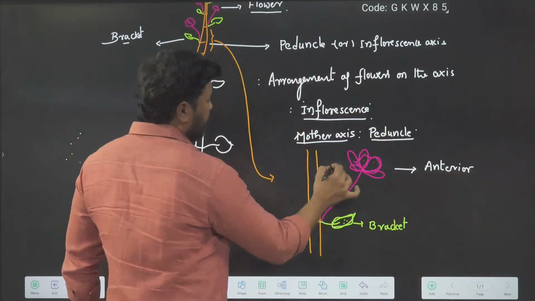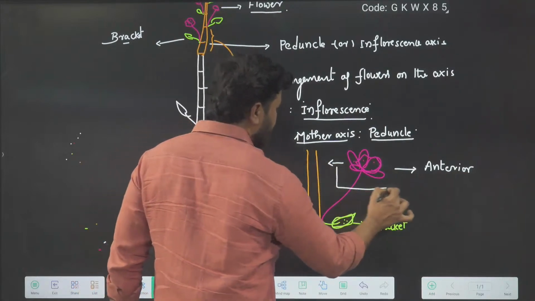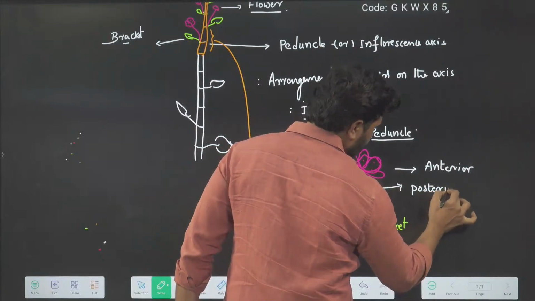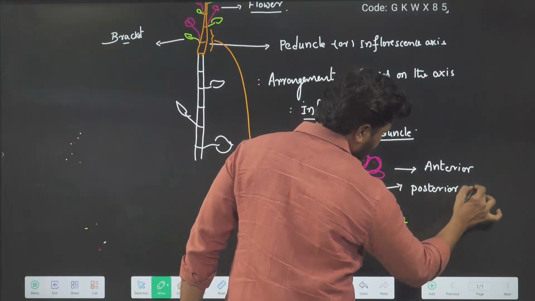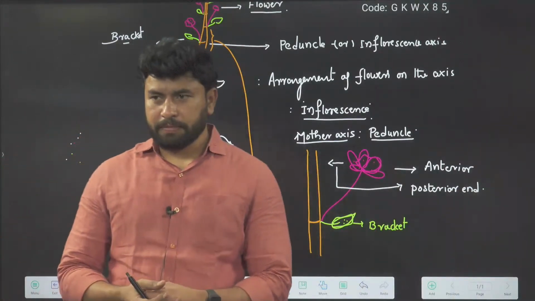Anterior. The face of the flower towards the mother axis is called posterior end. Careful, a flower has two faces.